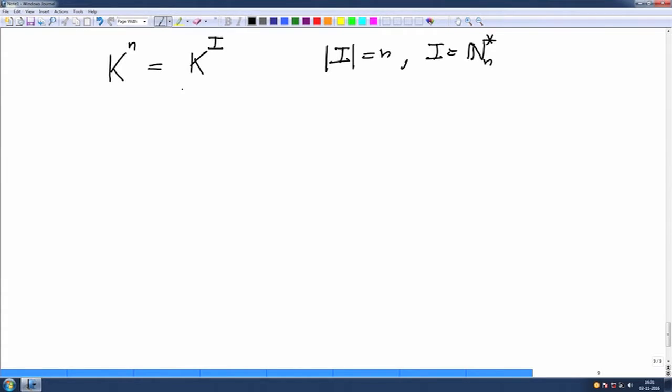This is a standard vector space and we have a standard basis E1 to En of k^n. And remember that we are writing these basis elements as column vectors.